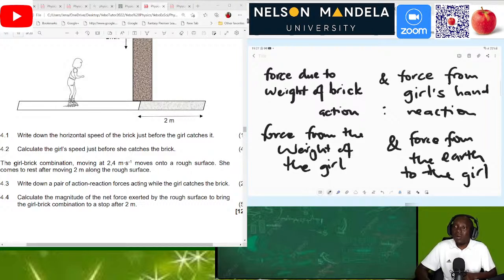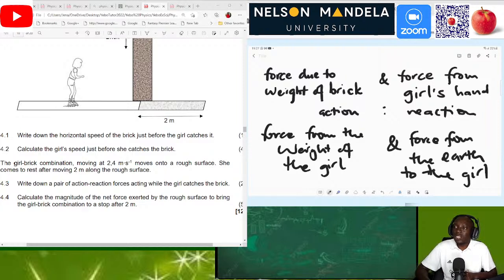So now this combination encounters a rough surface which spans 2 meters. So after 2 meters, the combination comes to rest. So the first part of that question was to write down a pair of action and reaction forces acting while the girl catches the brick.